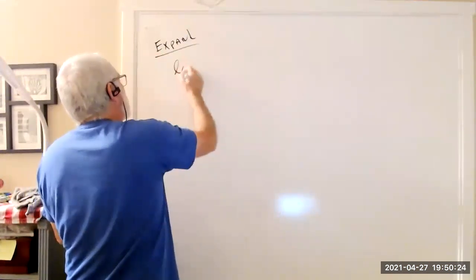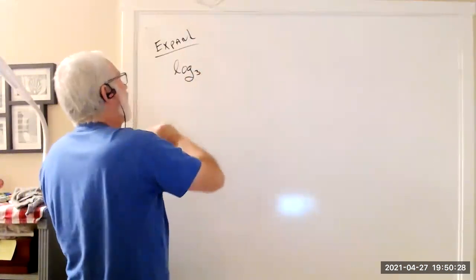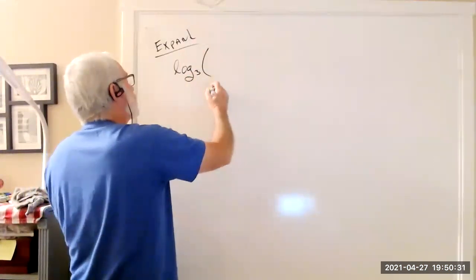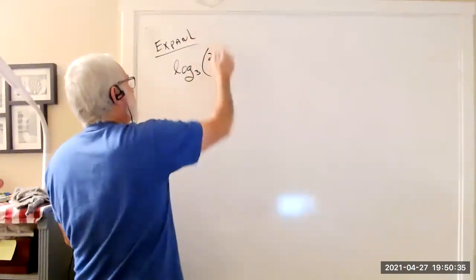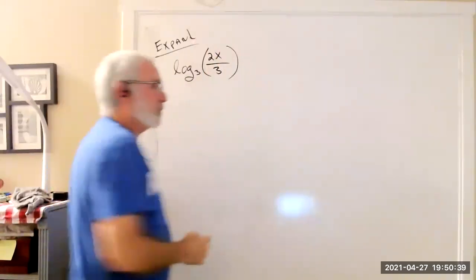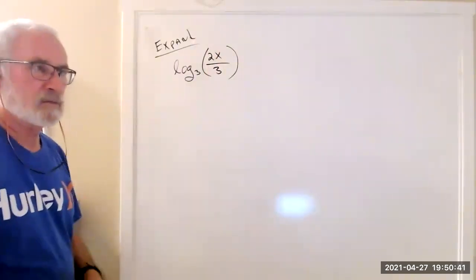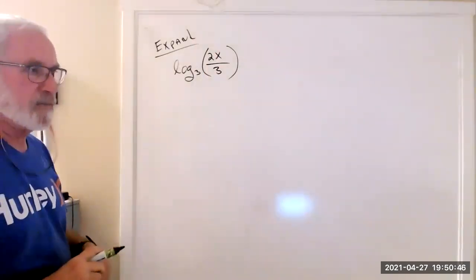So for example, I'm going to say expand and simplify the log base 3 of 2x over 3, like this.